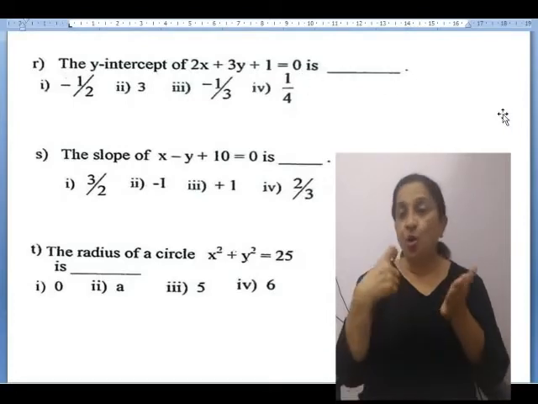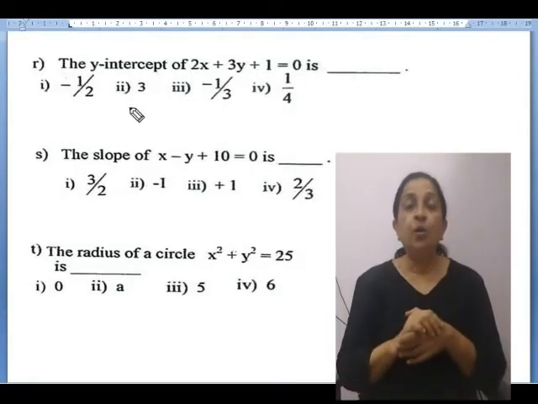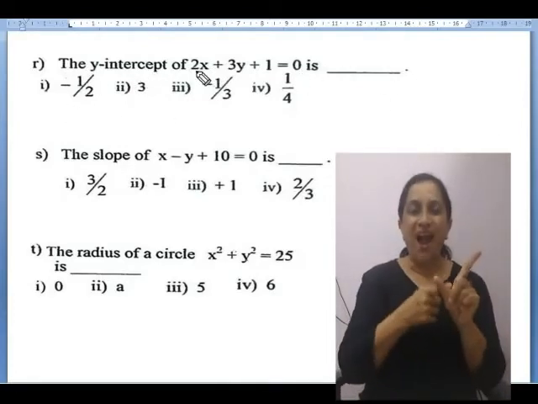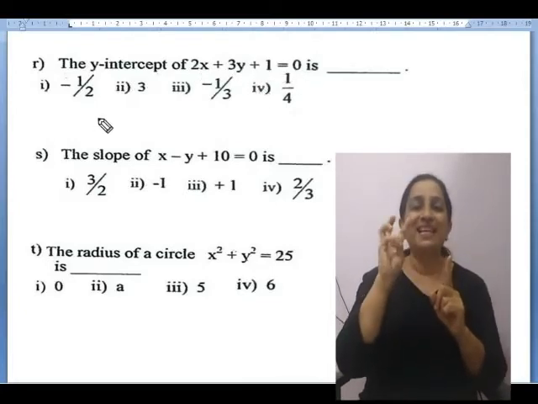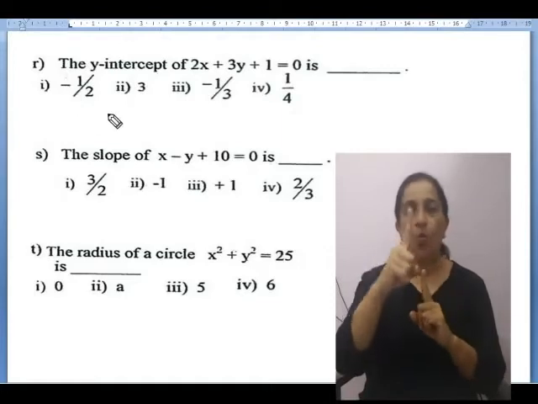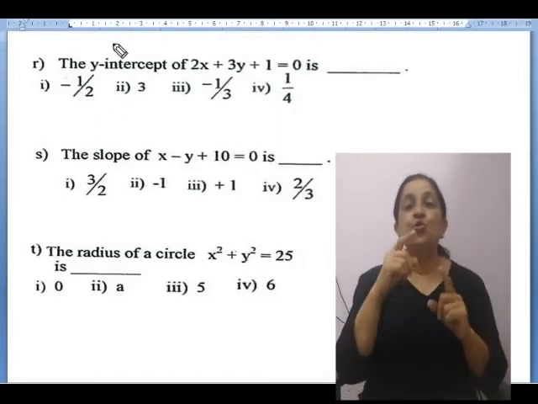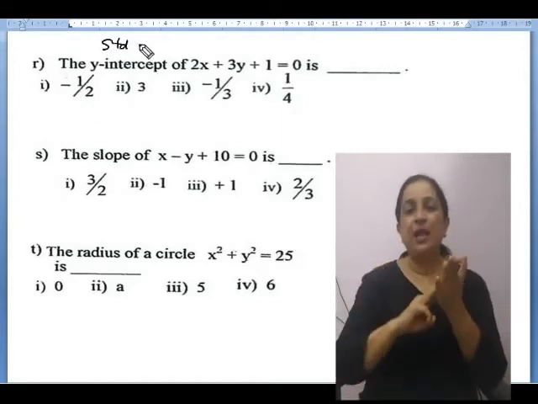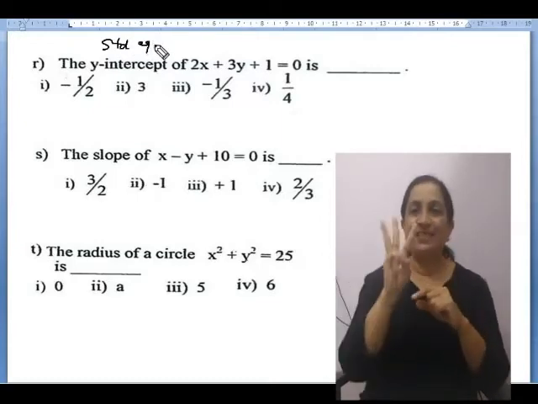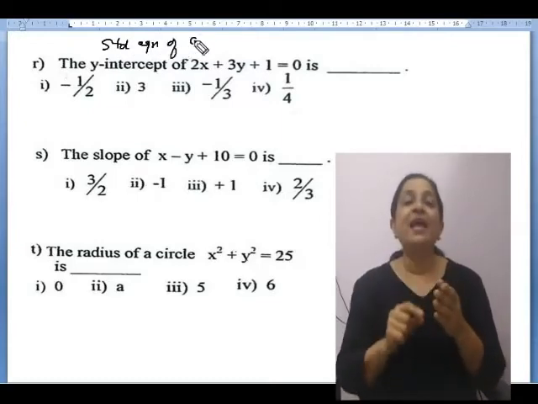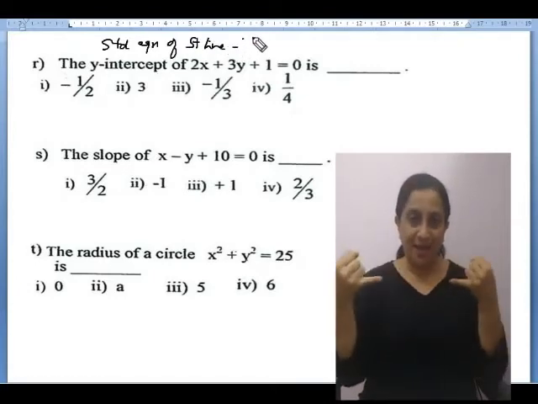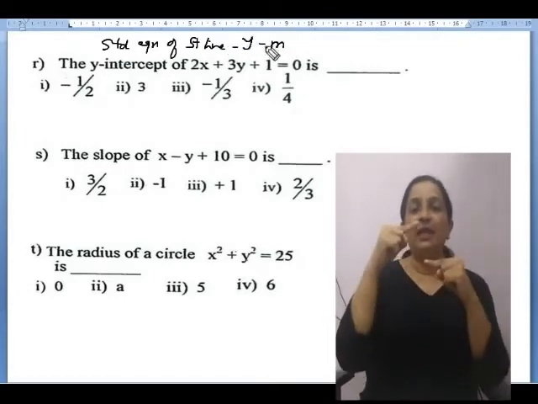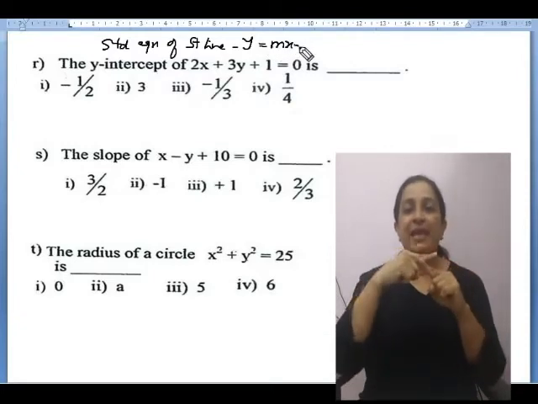Let us come to the problem R. What is the y-intercept of 2x plus 3y plus 1 is equal to 0? The standard equation of a straight line is y is equal to mx plus c.